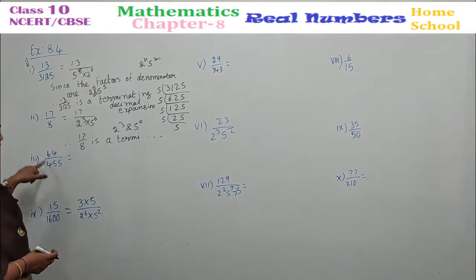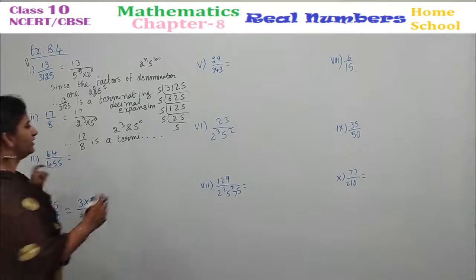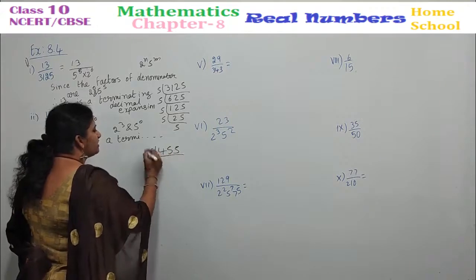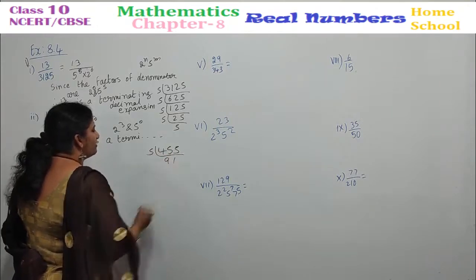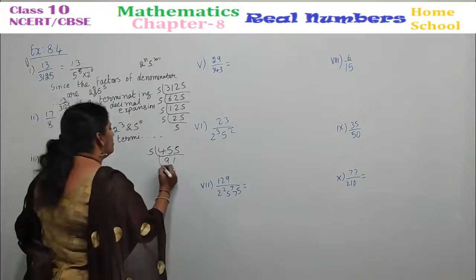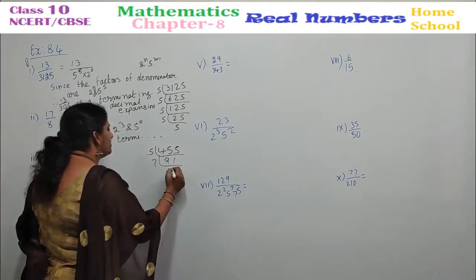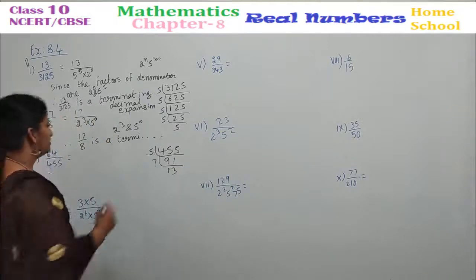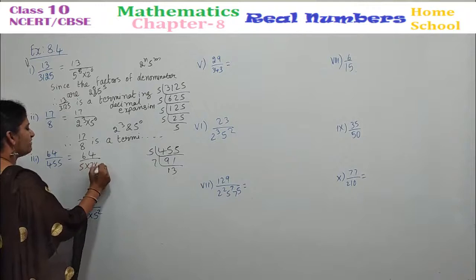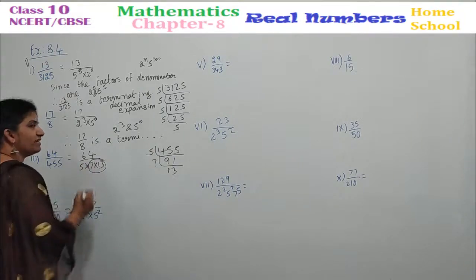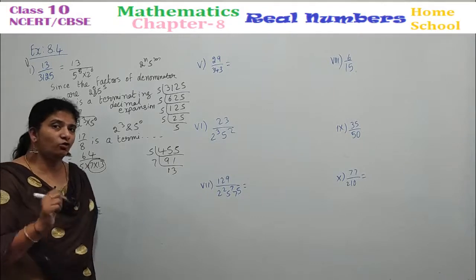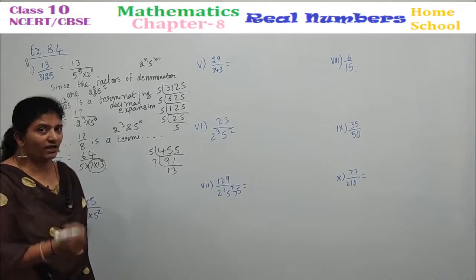So look here, 64 by 455. Convert the denominator, children. Find the factors. So just do like this. 5 nines are 45, 5 ones are 5. So further can you do? 7 ones are 7, 7 thirteens are 91. That's it. So 64 by 5 into 7 into 13 there. Oh my God, 7 and 13 are extra. We need in our denominator only 2 and 5. If there, it will be a terminating.